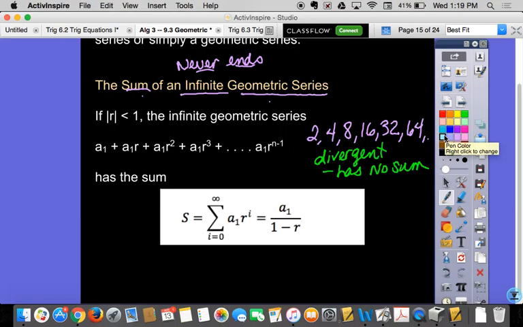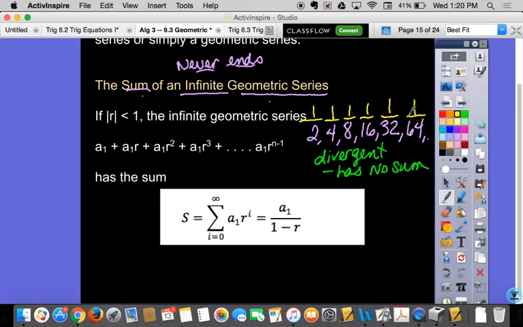What you're looking for and what you can take the sum of is series that converge. So they're zoning in on one particular value. Basically, if we took this entire thought process from this sequence that I gave you, but instead of it being integers, what if we did this in terms of fractional values?